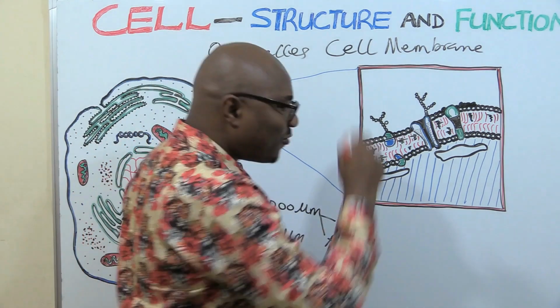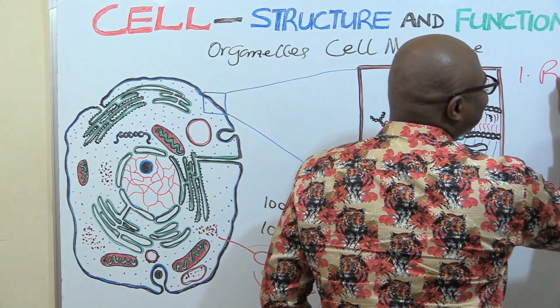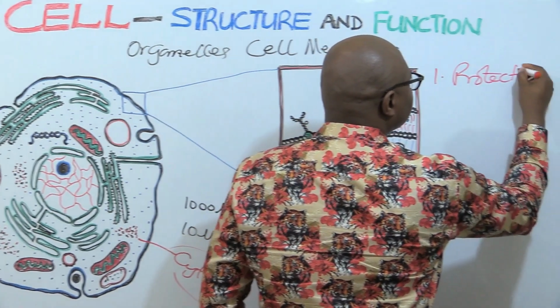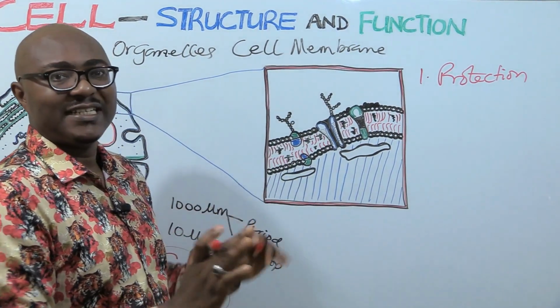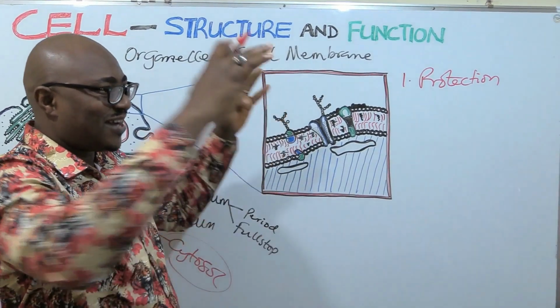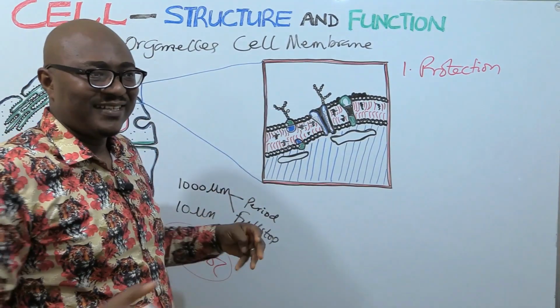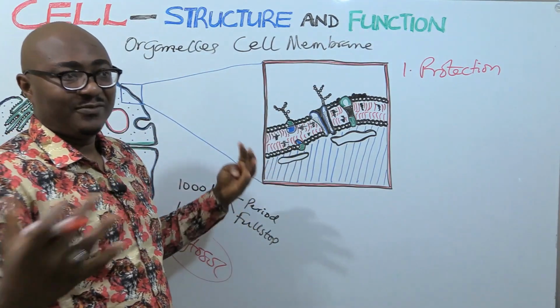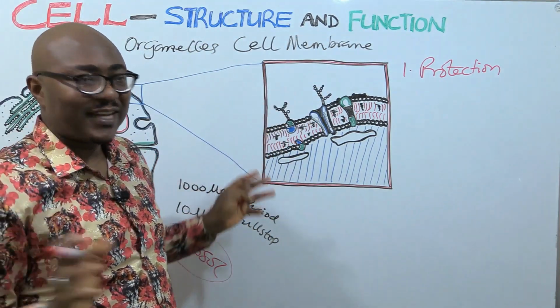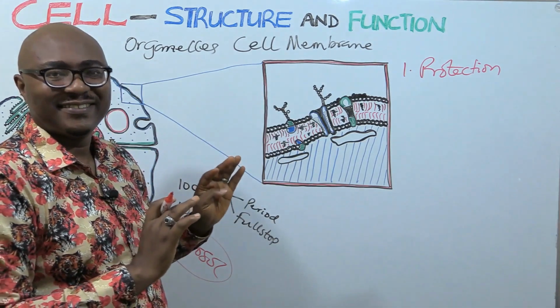One of them, the obvious one, is protection. Anything that covers you logically protects you. Just like your house covers you from the outside world, from wind, sun, and rain. Protection.